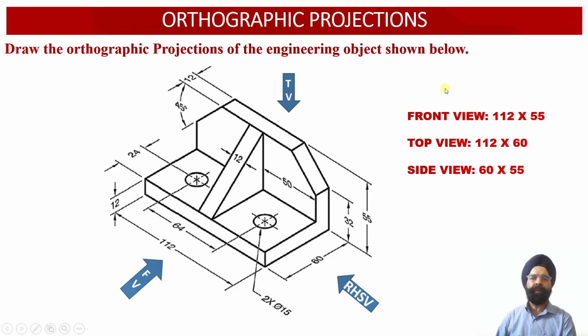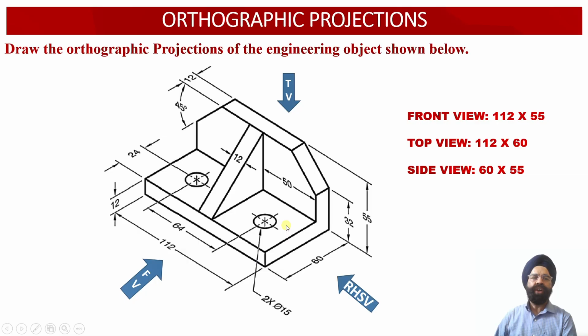Now here we have been provided with 3D projections of a solid in which the front view face, the top view face and the right hand side view face of the solid have been combined into a single 3D isometric projection.